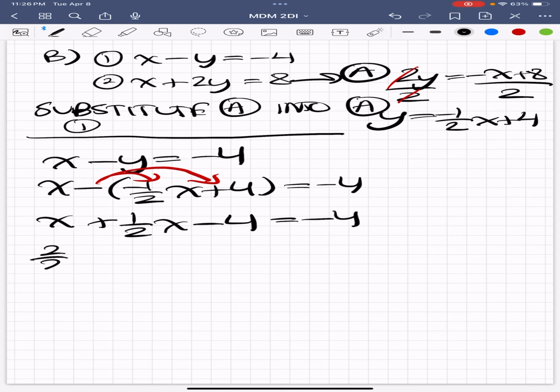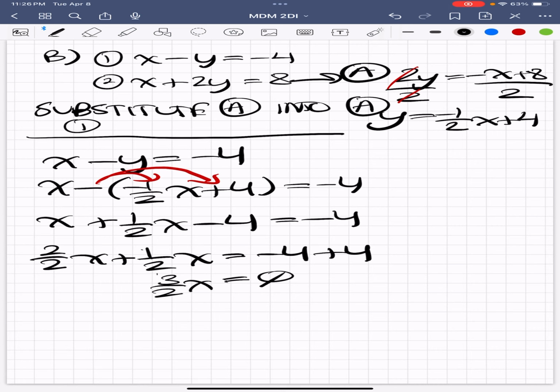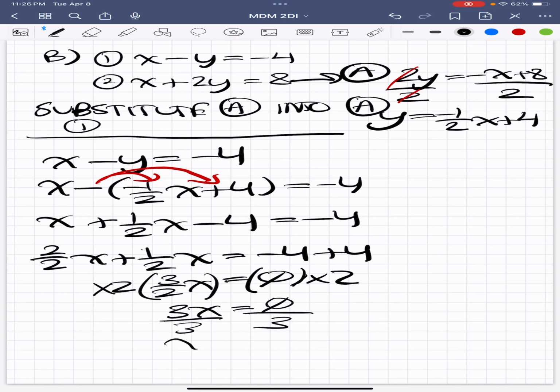Then we have 2/2 x plus 1/2 x, minus 4 plus 4 equals 0. 3/2 x times 2, times 2, 3x equals 0. 3 over 3, x equals 0. So x equals 0.